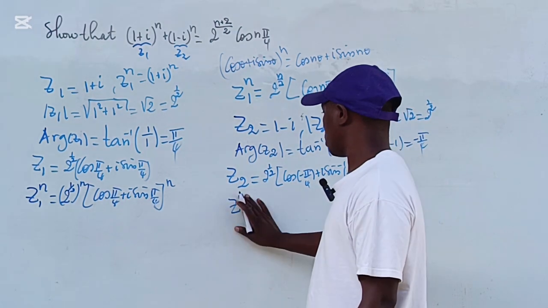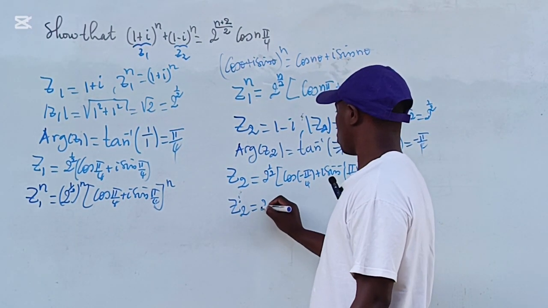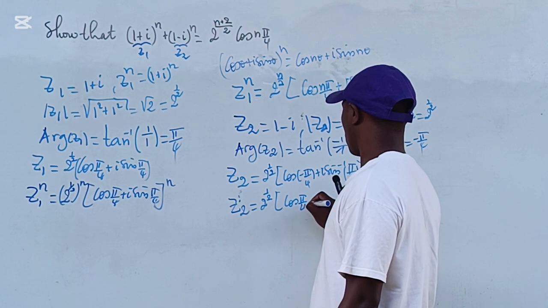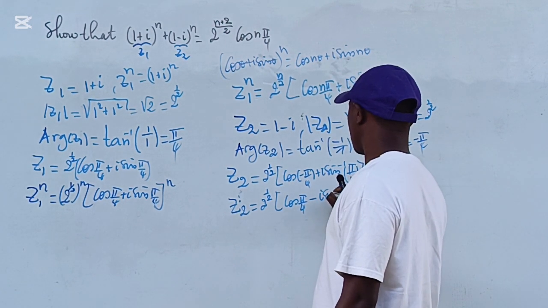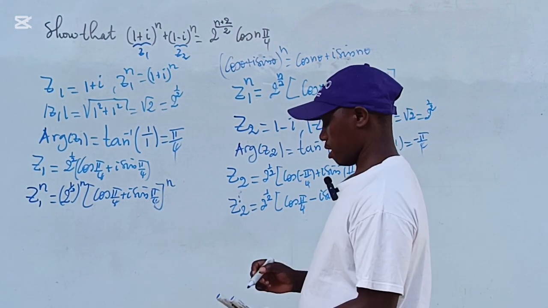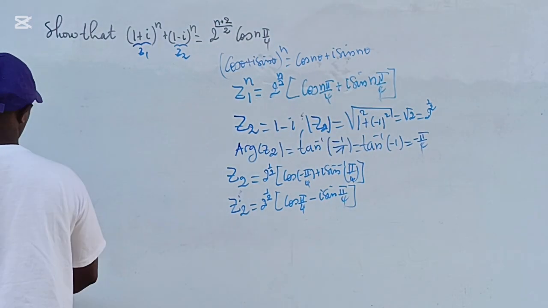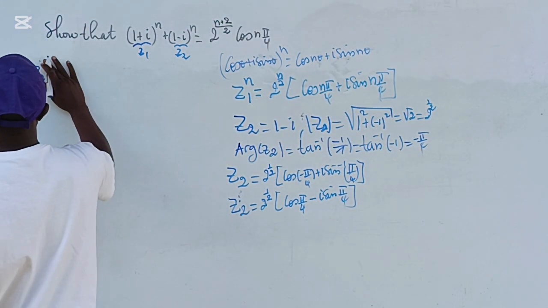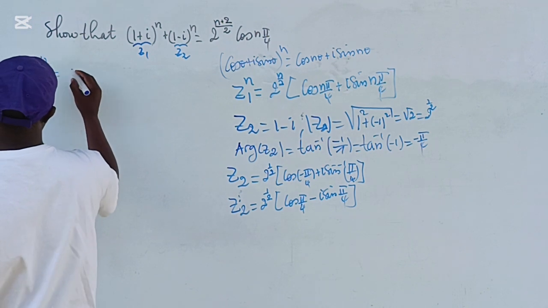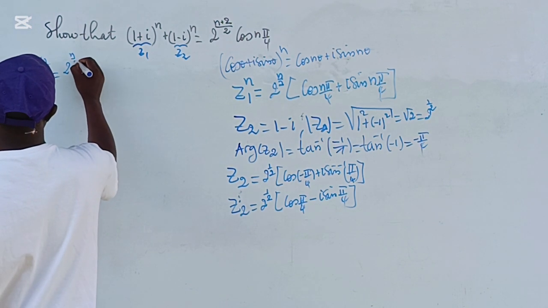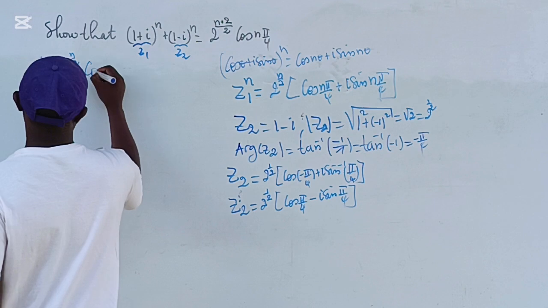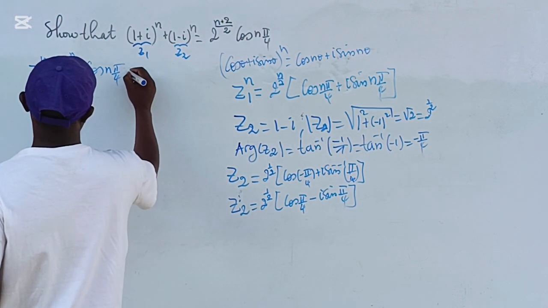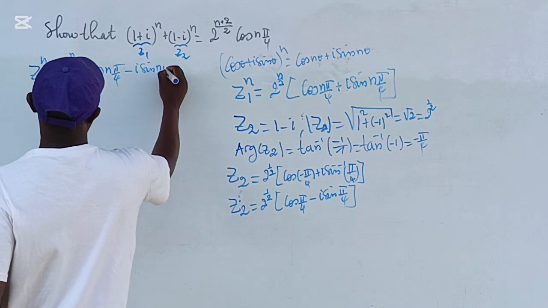So z2 is 2 power 1/2 into cosine pi over 4 minus i times sine of pi over 4. Now, doing as we did on z1, z2 power n is equal to 2 power n over 2 times cosine n pi over 4 minus i times sine n pi over 4.